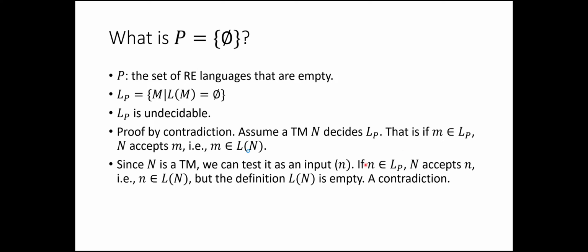If N accepts n, that means this string n is in L_N, so L_N is not empty, because you assume this N exists. But the definition of L_P simply says that L_M, whatever M is, is empty.